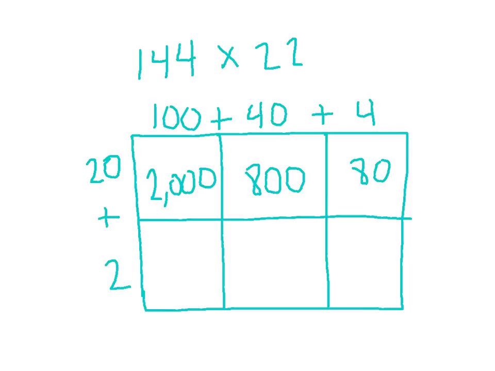Perfect. And then we're going to go down to the 2. Same thing, we're just going across. So where these meet, we're going to multiply. Where these meet, and then where these meet. Okay. So we get 2 times 100, that's 200. 2 times 40, we get 80. And then 2 times 4 is going to be 8. Perfect. Look at all those 8s we got going on in there. Hope you're good at your 8s.